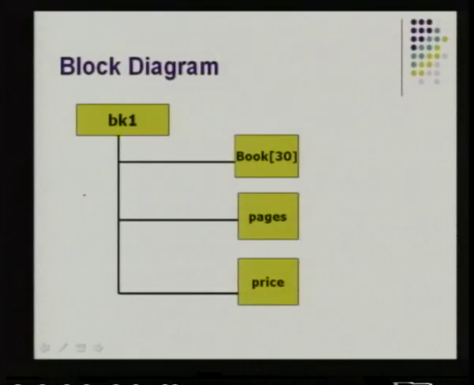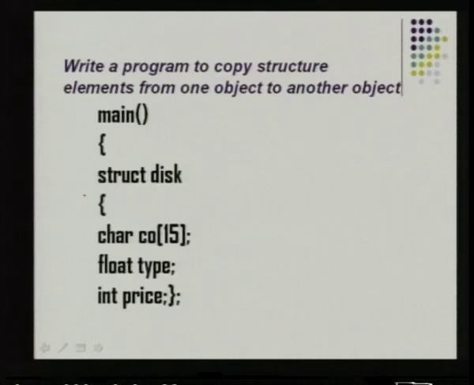The structure tag is only used for the definition and for creating a variable for the structure. Otherwise, once the declaration part is over, everywhere in the programming the structure variable only is a master of all the members of the structure. This is just a diagrammatic representation for you to understand why bk1 is being given all the power to access, initialize and modify the contents.